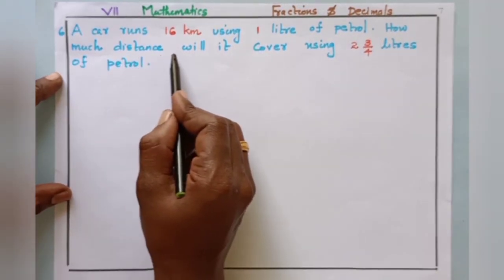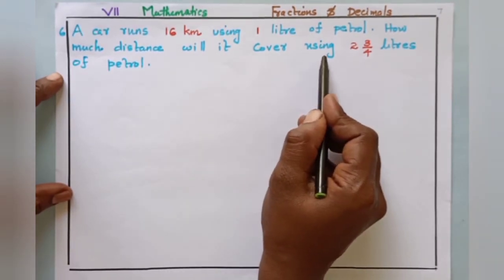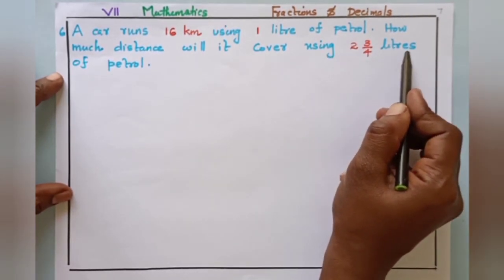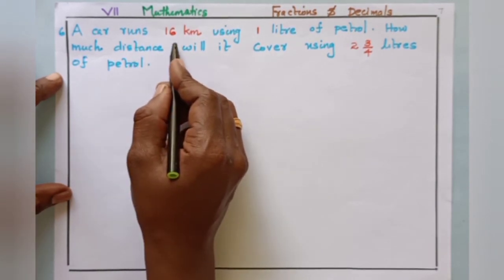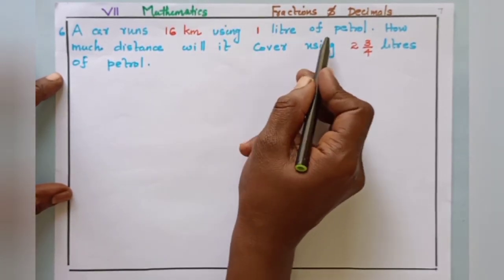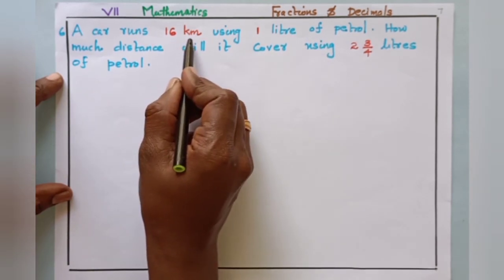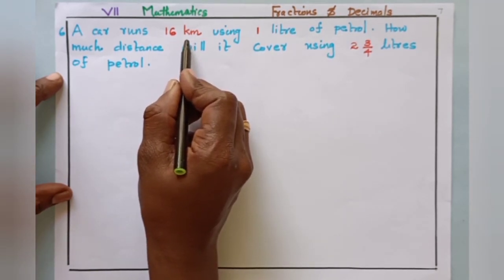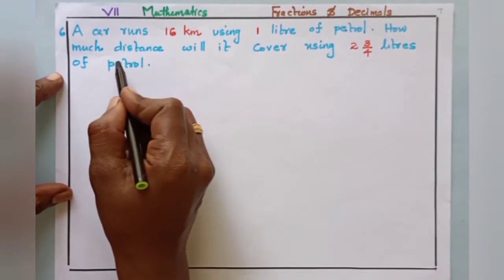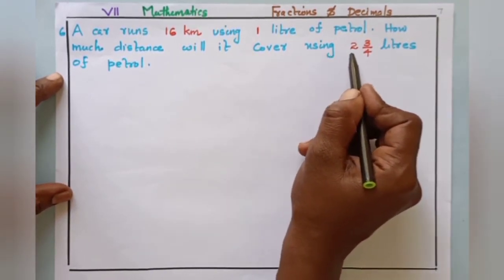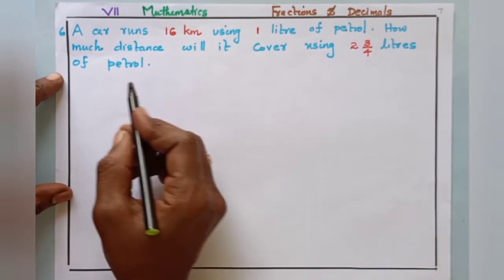How much distance will it cover using 2 and 3/4 liters of petrol? So, car runs in 1 liter petrol 16 kilometer. We want to find out how much distance the car will cover using 2 and 3/4 liters.